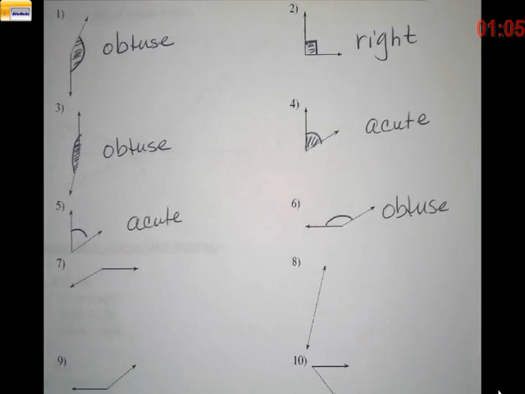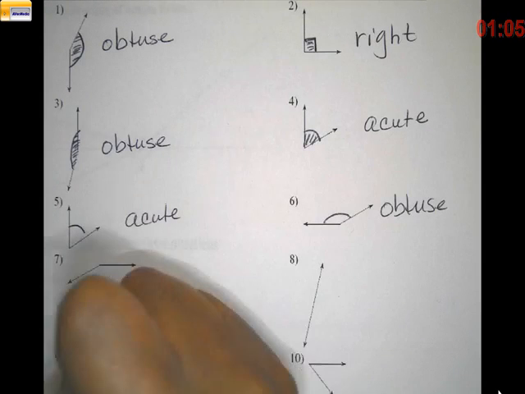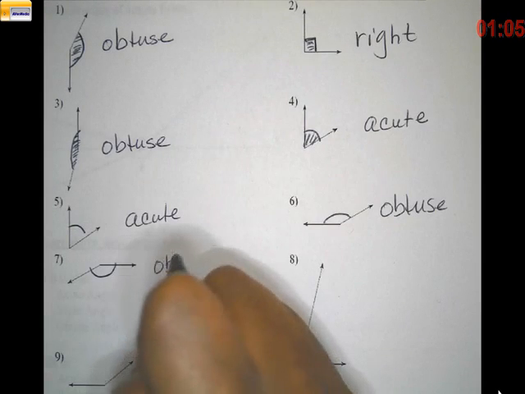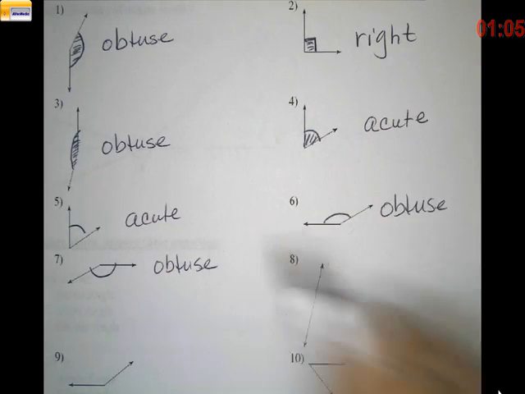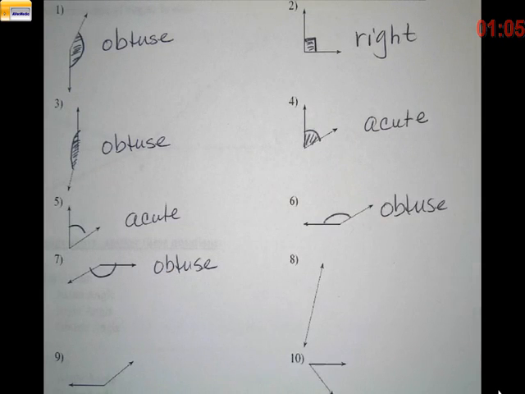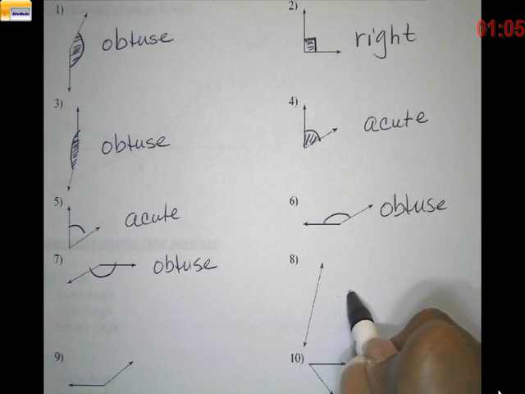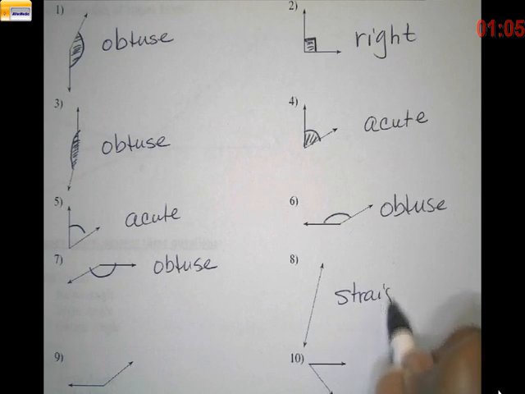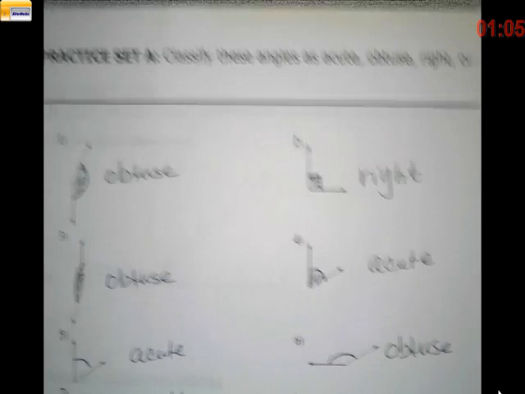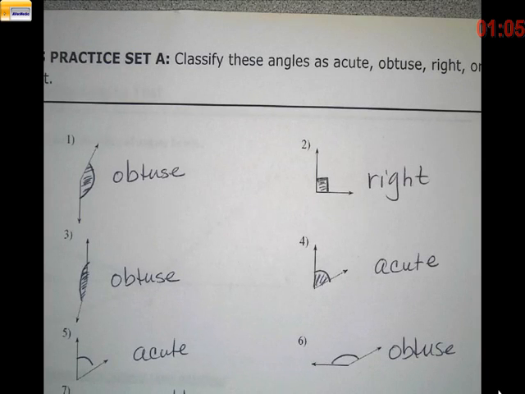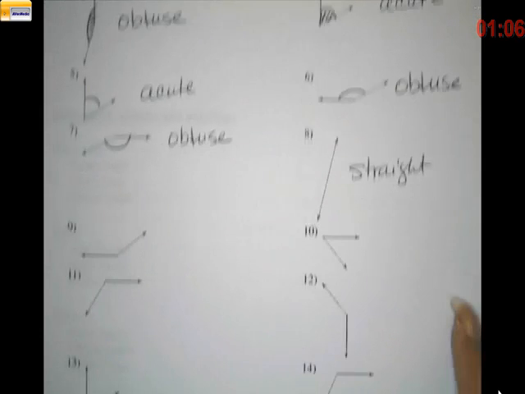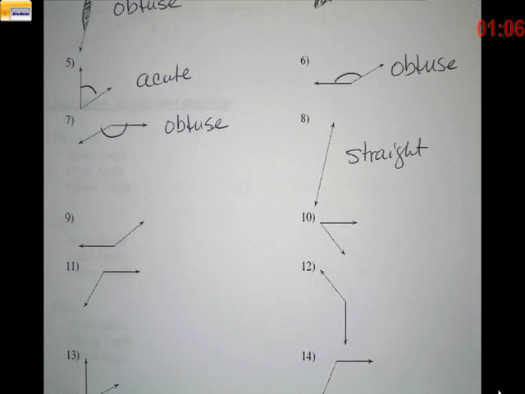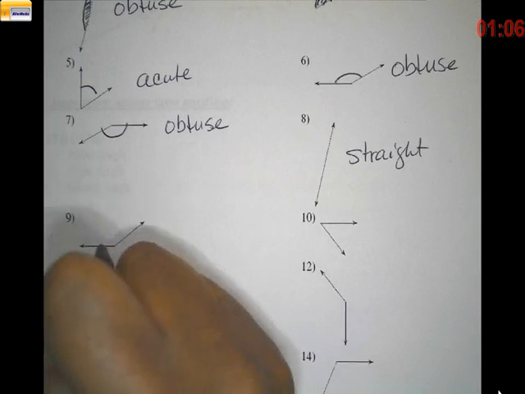Okay, number 7. Number 8. No, what did I call this? Straight. If you look at the instructions, it tells you which ones to do. Acute, obtuse, right, or straight. Reading the directions is half the battle. Okay, number 9. What am I going to get?